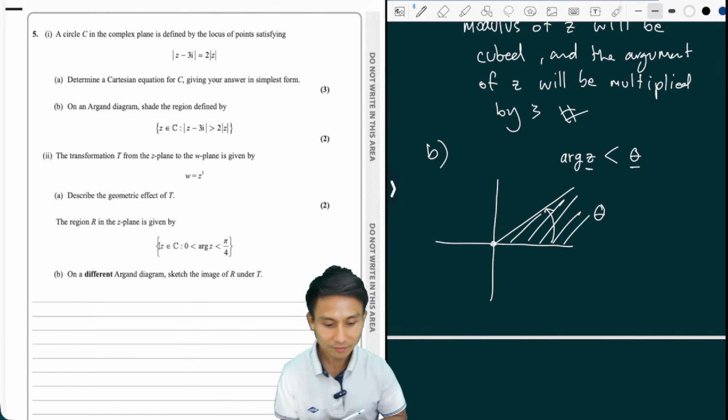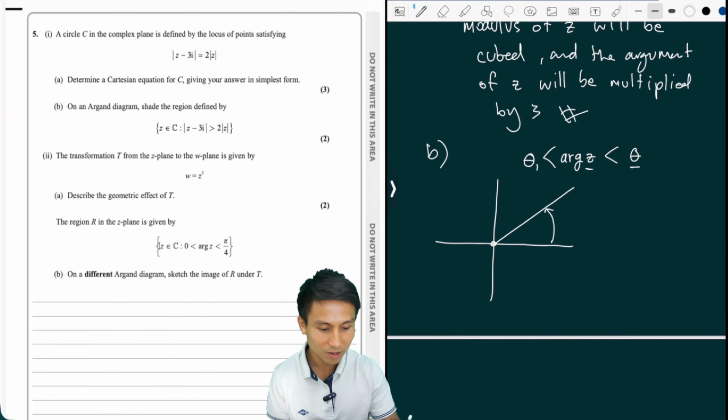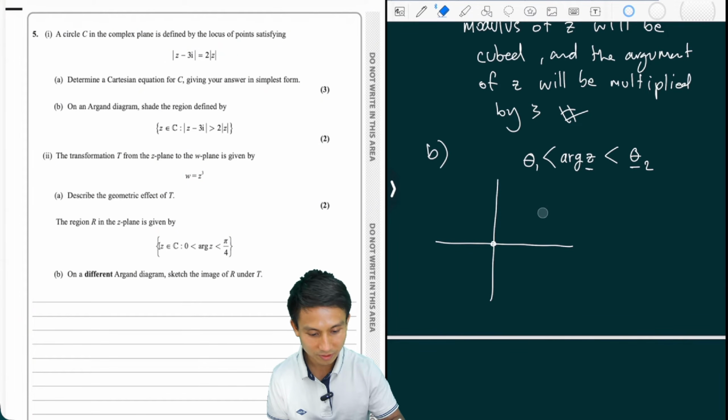Now if you go in the range, let's say you have a theta 1 on the lower bound and theta 2 on the upper bound. It's going to be similar. If I subtend to that angle, it's theta 2. And I have another line here, subtending the smaller angle, theta 1.